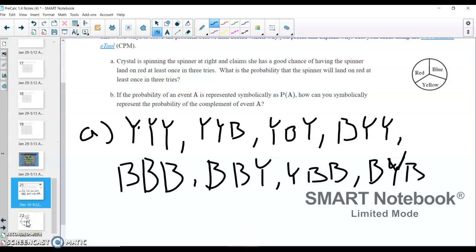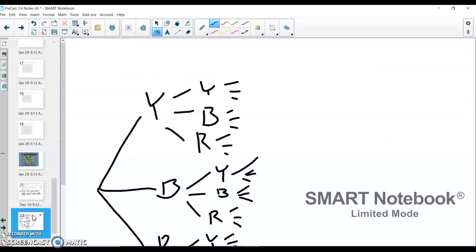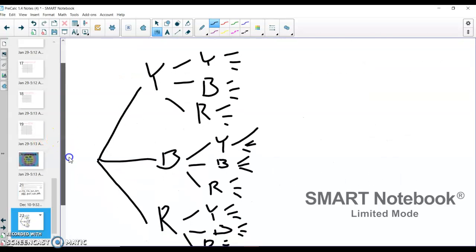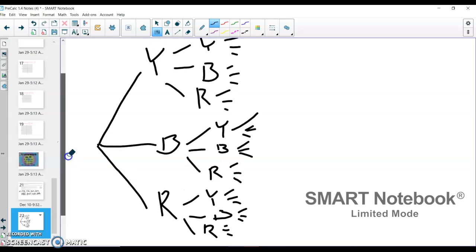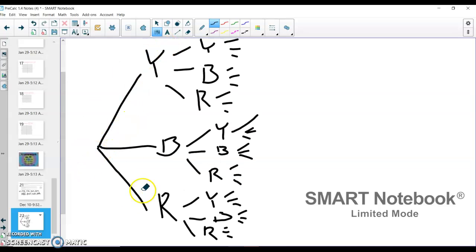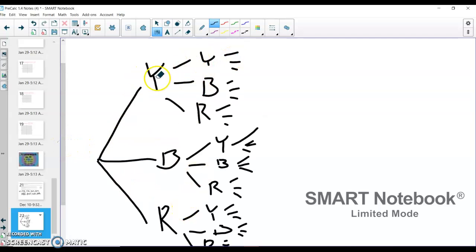Now I've already made this tree diagram representing this situation. So I can talk about how many total events there are. I ran out of room here at the end, but I can still use the branches to count the total number of events. These are the branches representing the first event. It could either be yellow, blue, or red. Then here's the second event, where it could branch off of each of them being yellow, blue, or red. And then we get a third branch for the third spin.